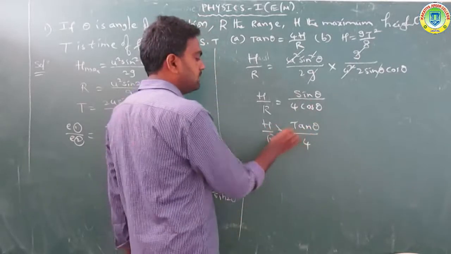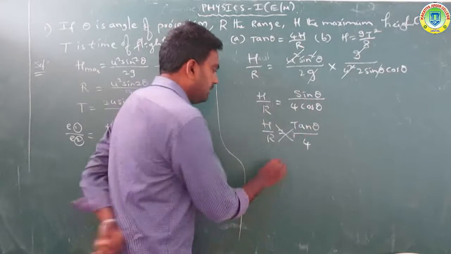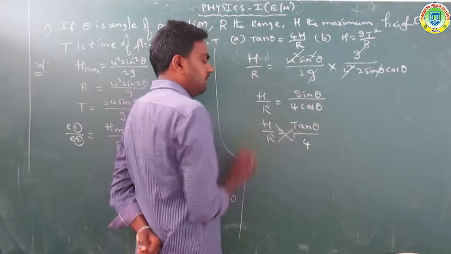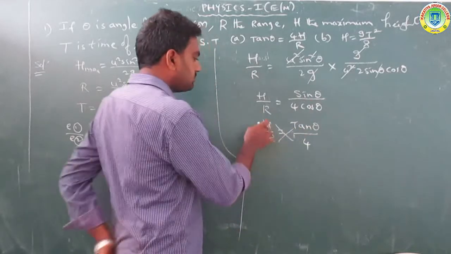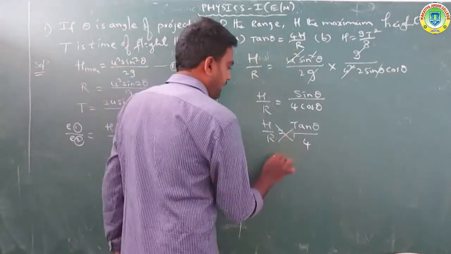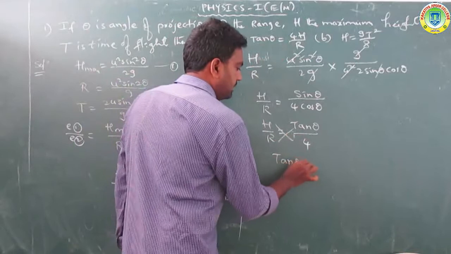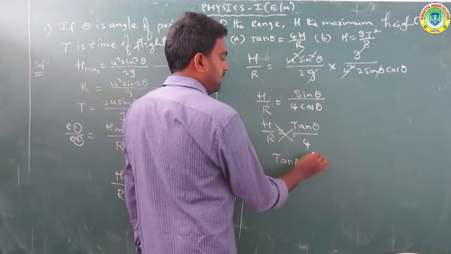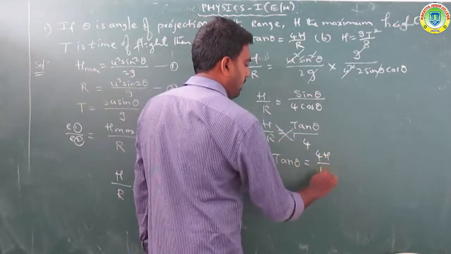Cross multiplication is taken, so tan theta is equal to 4h by r.